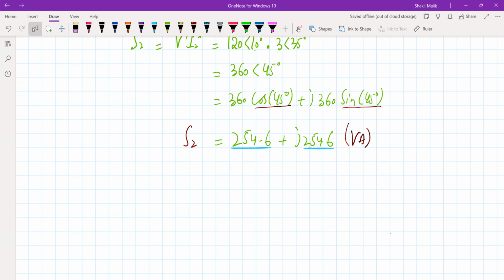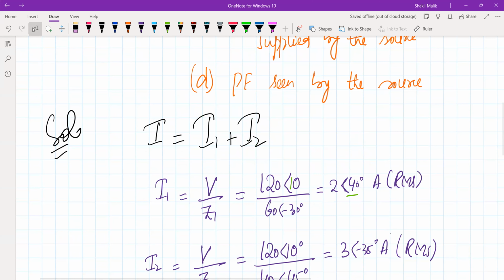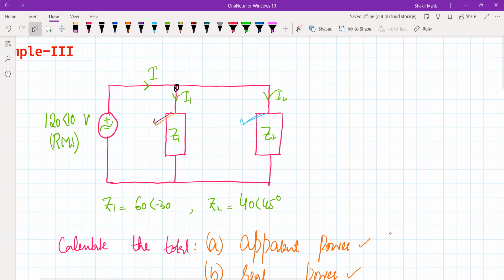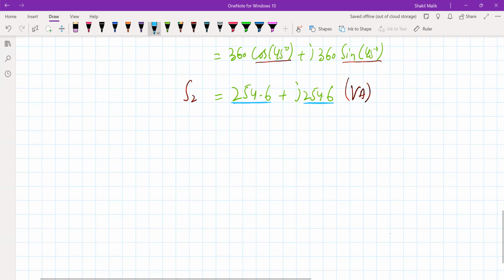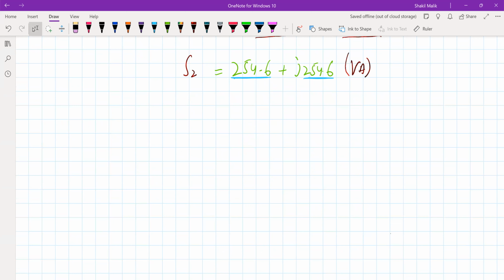So what will be the total power supplied by this source? Total power will be simply the complex power consumed by these two elements. Very simple, right? Intuitive answer. The total power supplied by the source will be equal to the total power consumed by the elements, which are two parallel elements.